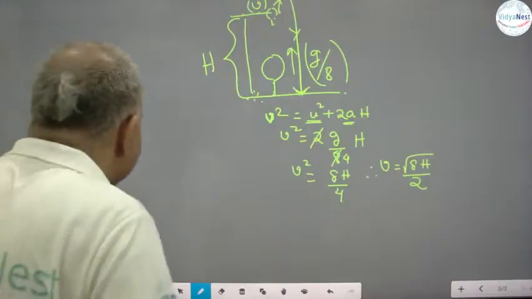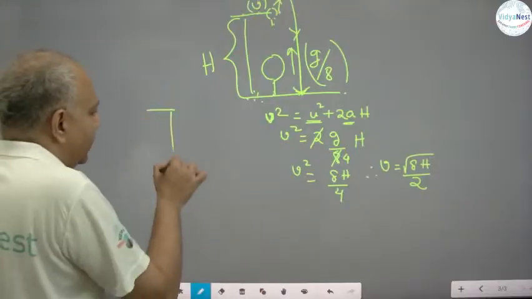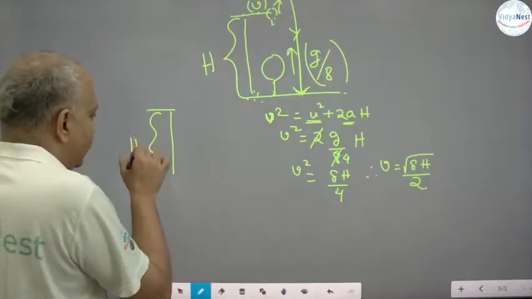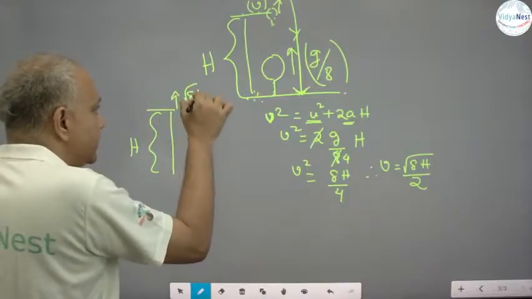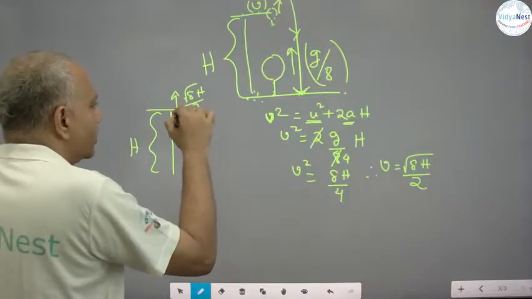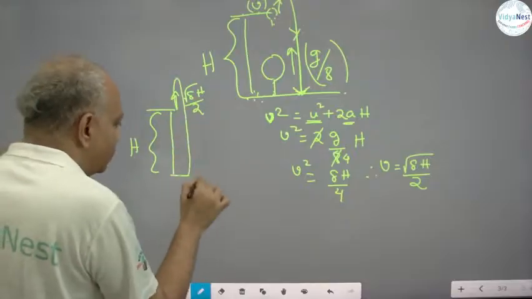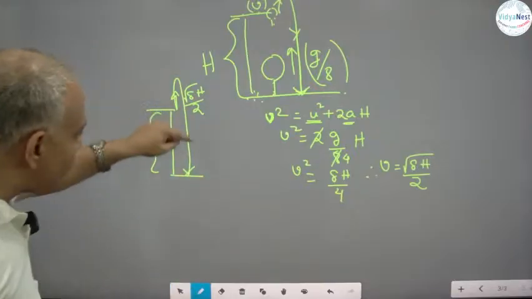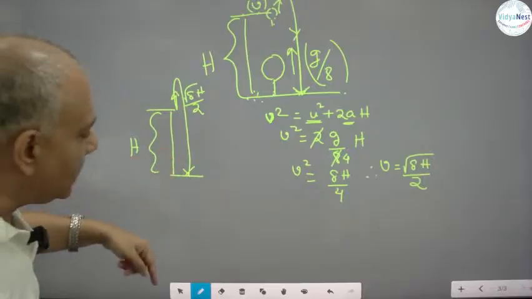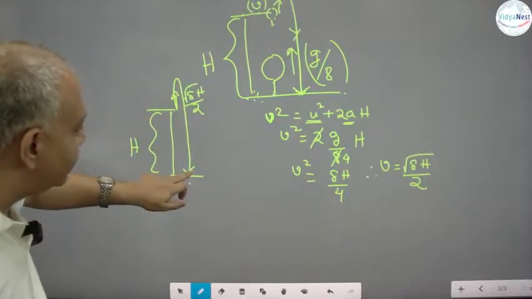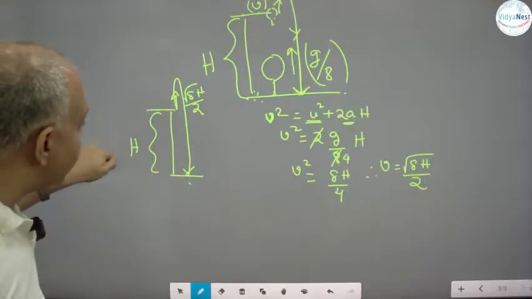Now just imagine at a height h, an object projected with the velocity root over gh by 2. It is going to rise and it is going to come down, isn't it? When it is striking the ground, the object has gone up, again coming down, striking the ground. What is the net displacement? Net displacement is equal to negative h. Why?